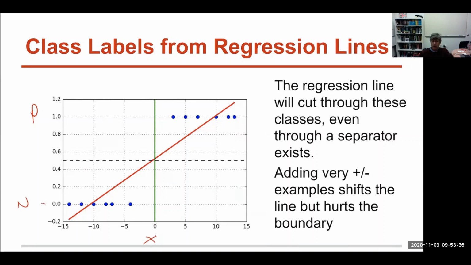Linear regression would try to find the line that best fits this data. In this case, the red line is what best fits this data.